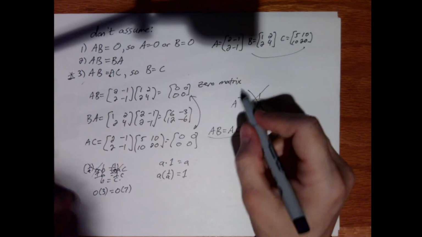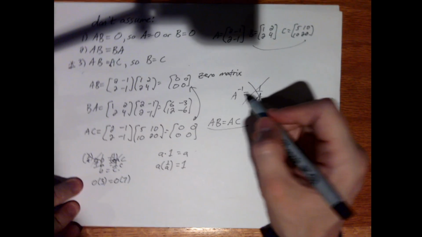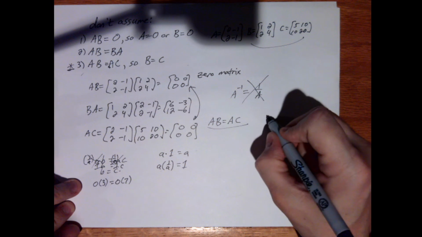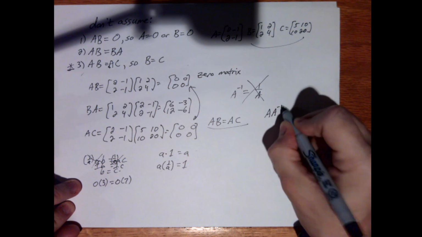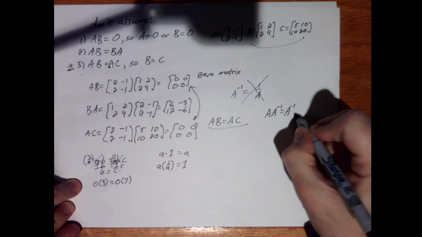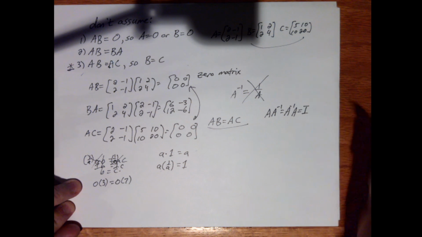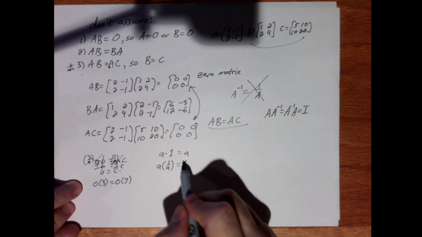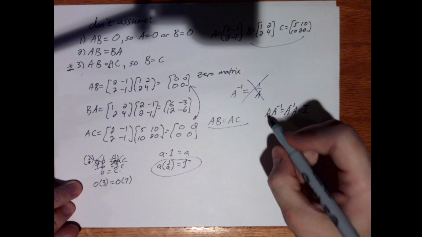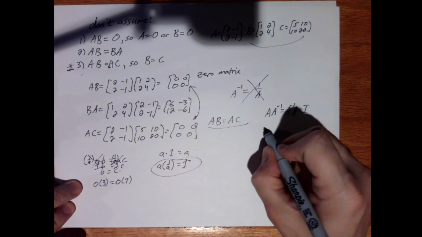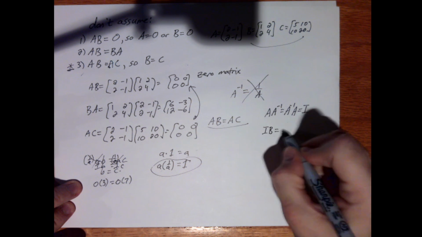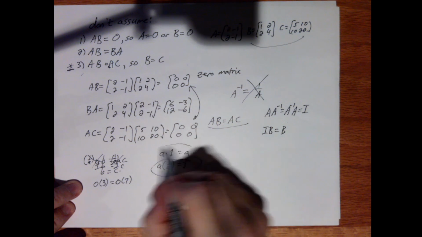Like I said in another video, we'll see how to find the inverse. But if A has an inverse, then A times A to the minus 1 is equal to A to the minus 1, its inverse, times A, which is equal to an identity matrix. Well, that's like this rule. And then we know that an identity matrix times some matrix is just equal to the original matrix. Well, that's like this rule.